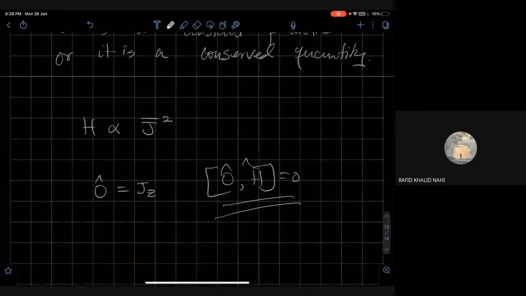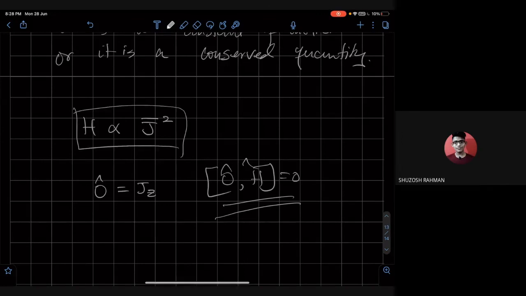If my Hamiltonian is of this form, just for the sake of argument, then we have this amazing result that all the angular momentum components will be conserved. Angular momentum is conserved. Is H a Hamiltonian? Yes, it's the Hamiltonian.